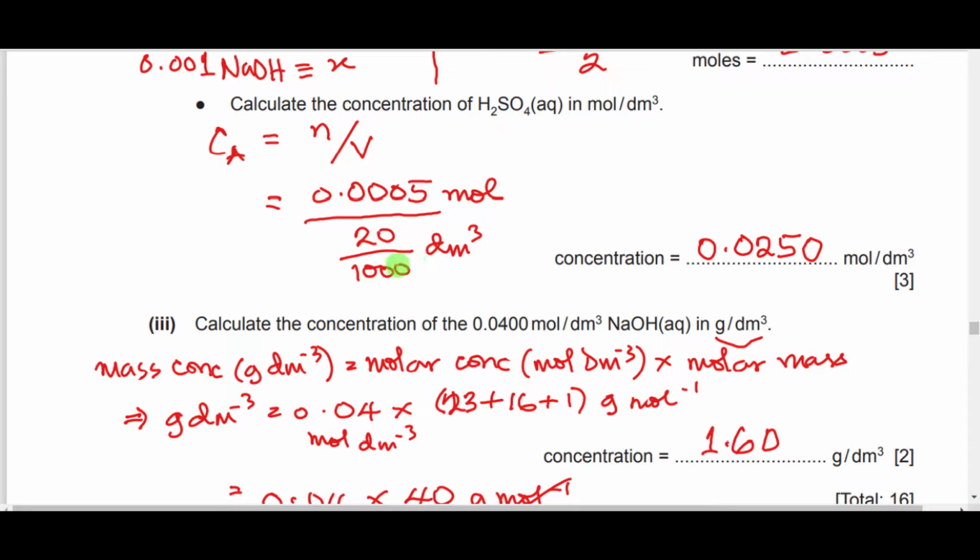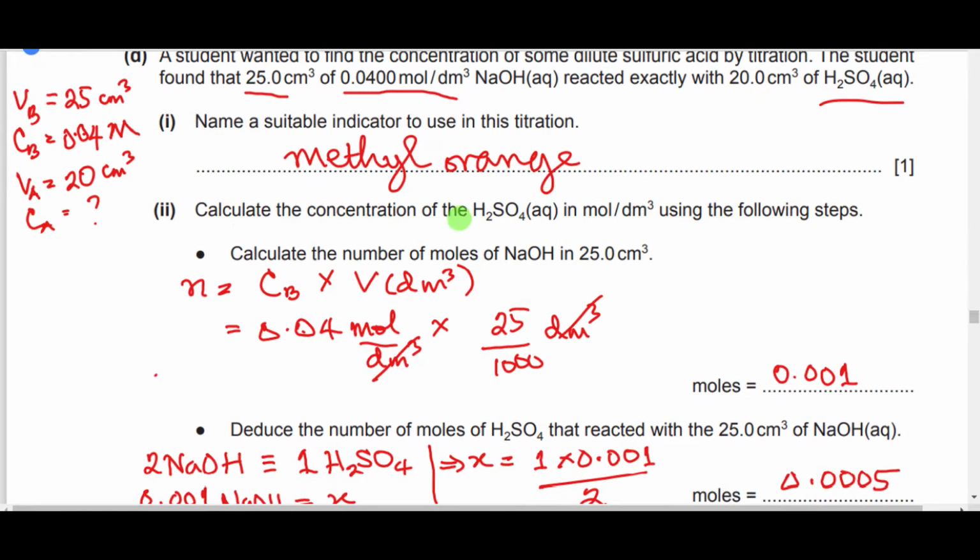We evaluate this and get 0.0250. Remember, this would be in brackets. So that's 0.0250 mole per dm cube. Based on this, we've answered this question already.